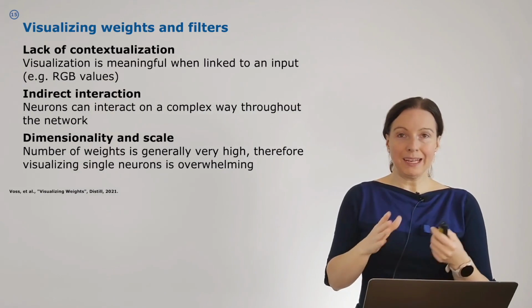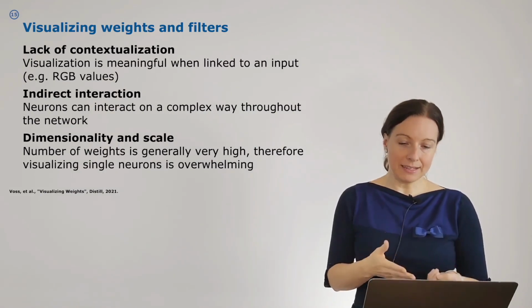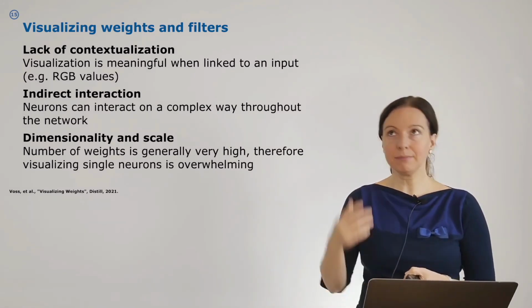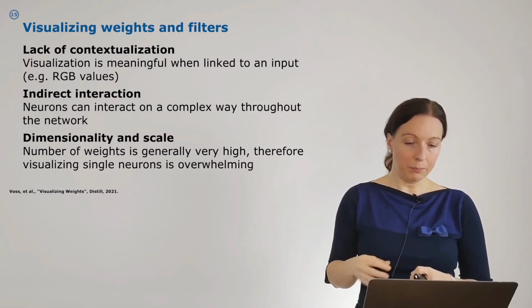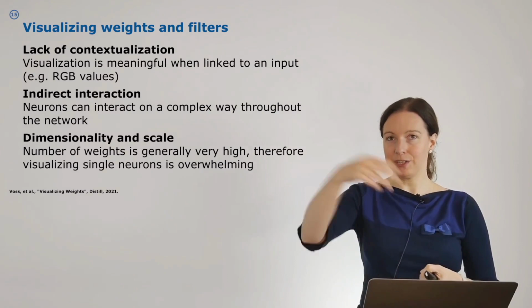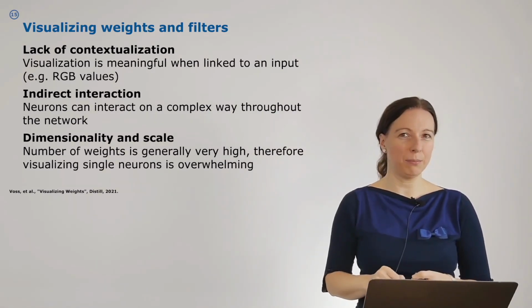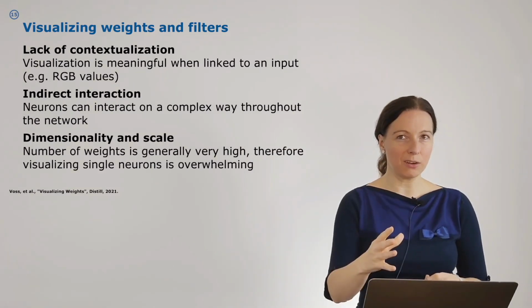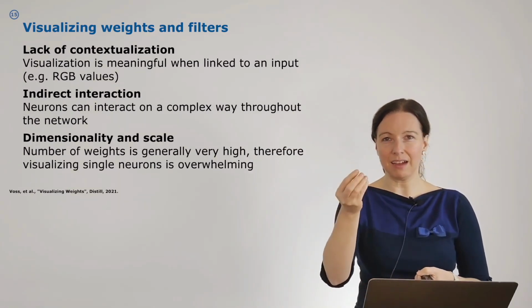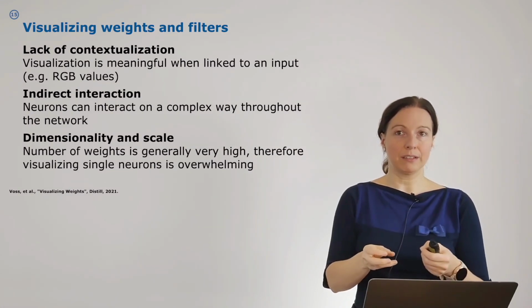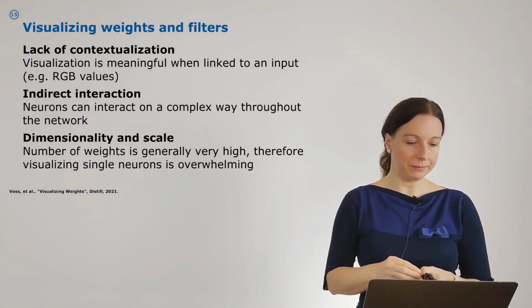But weights between hidden layers are less meaningful because we don't know anything about the source. Even if we see the source, that means the activation in the previous layer, this is nothing we can make sense of, because the activations are complicated, plus weights are hard to see. This is very abstract, so it's hard to make sense of it.